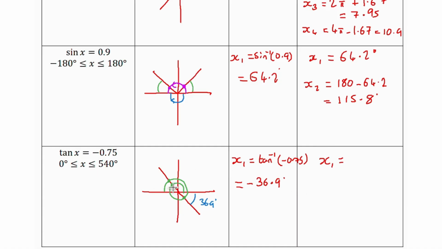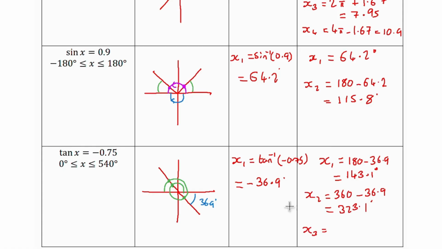The first one is going to be 180 minus the 36.9, which gives me 143.1. The second one is going all the way around to 360 minus the 36.9, which is 323.1 degrees.